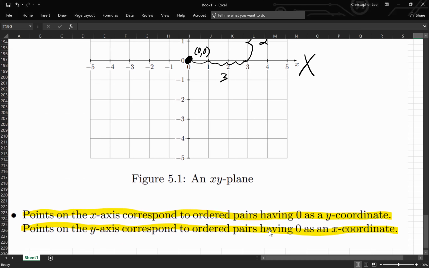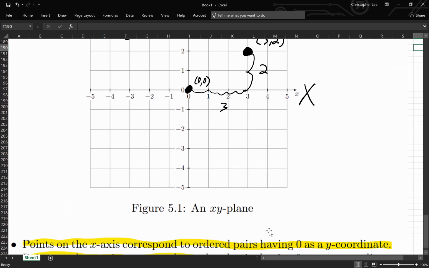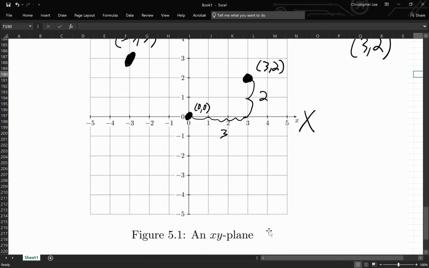Just to recap real quick, the points on the x-axis correspond to the ordered pair having 0 as the y-coordinate, and points on the y-axis correspond to ordered pairs having 0 as an x-coordinate, right? What the heck does that mean, right?